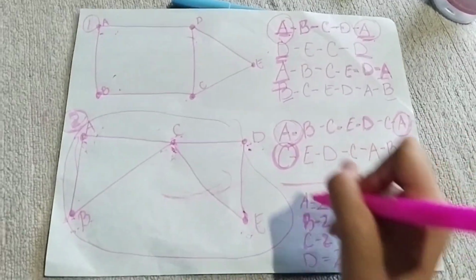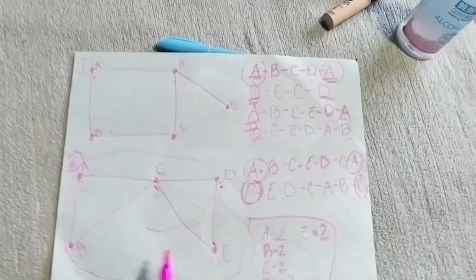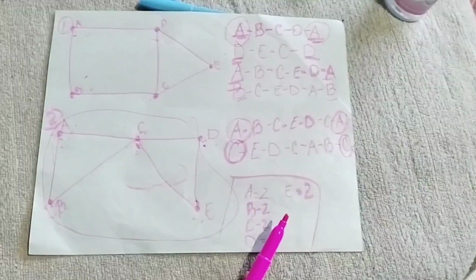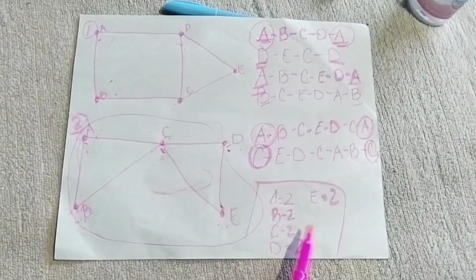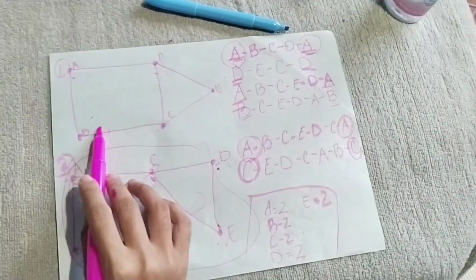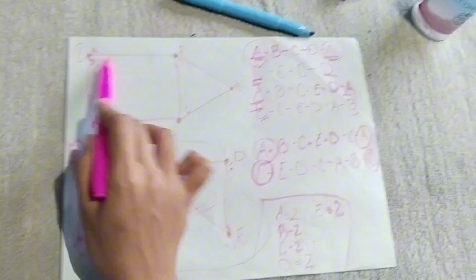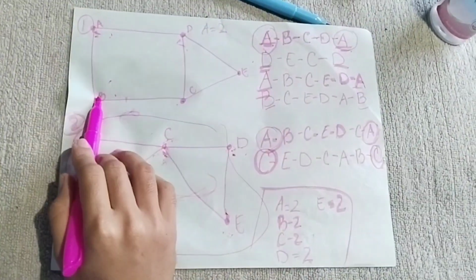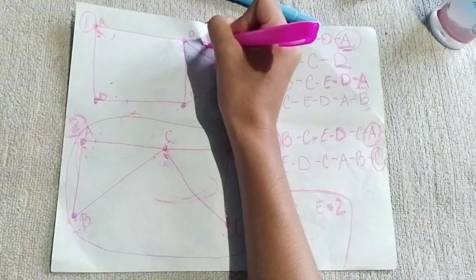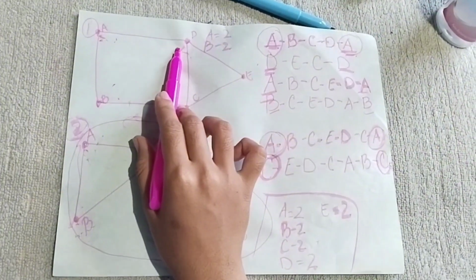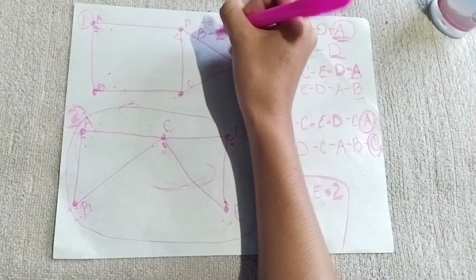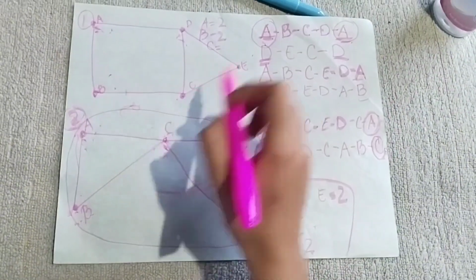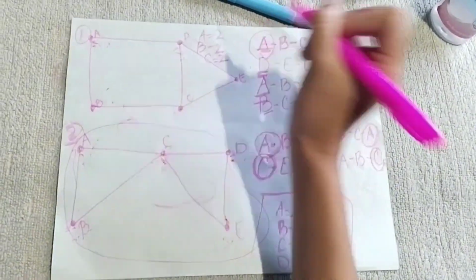So this graph has an Eulerian circuit because all of its vertices have even degrees. But in this other graph, A to D and A to B gives 2. B to A and B to C gives 2. C has C to D and C to E, so 2.